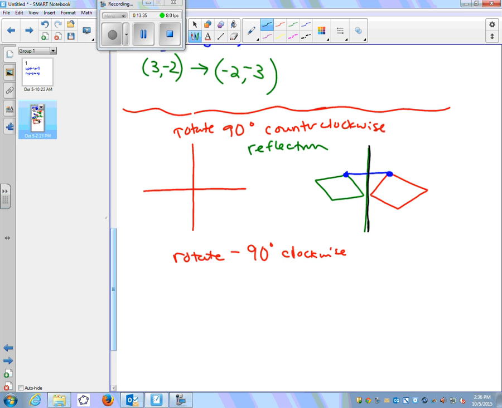What's happening to that segment? Jenna? Yeah, it's bisecting. It's cutting that segment in half. Those 2 points should be the same distance from the reflection line. So not only is it a bisector, but it's a perpendicular bisector. It's actually cutting it at 90 degrees.